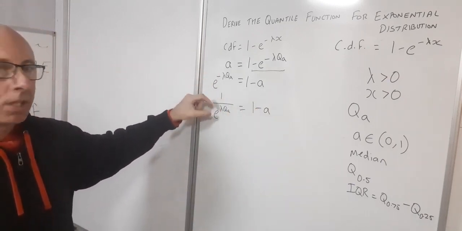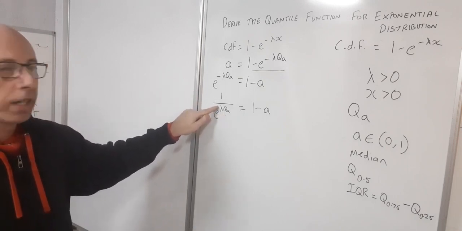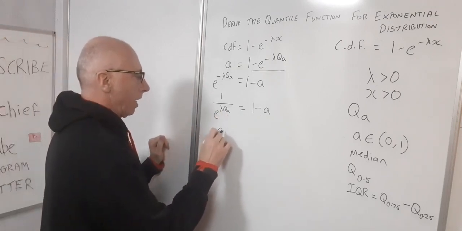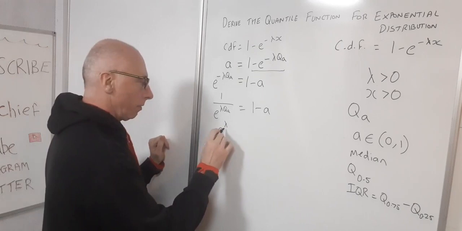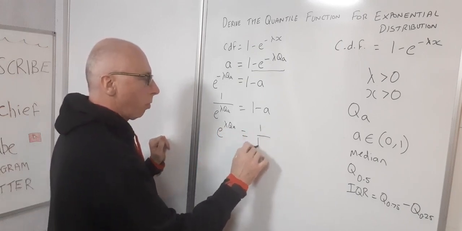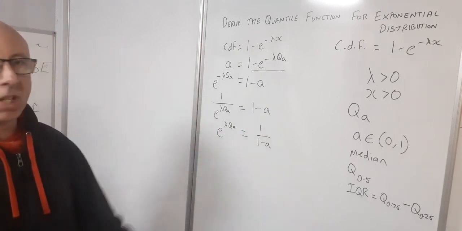So what we could do now is take the reciprocal, to get this function on the top with the positive sign in the exponential, and take the reciprocal of the other side. So now we get e to the positive lambda Q of a equals 1 over 1 minus a. That's fully legit there.